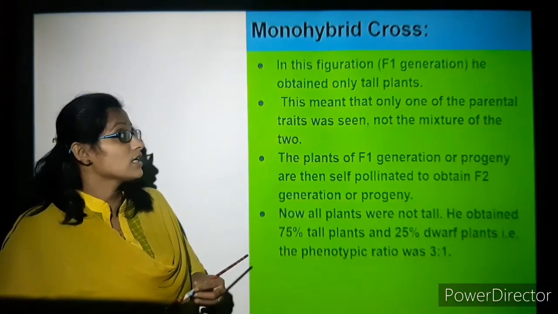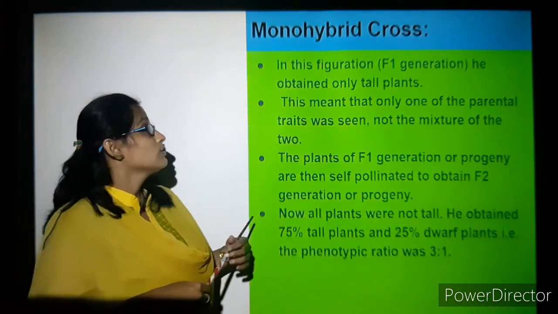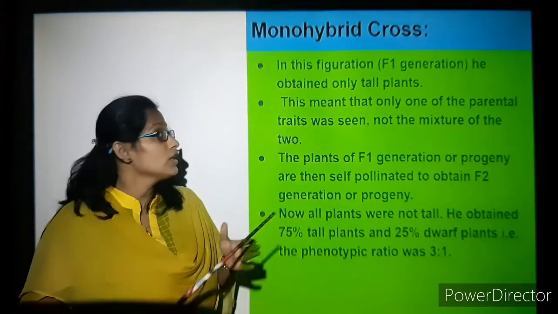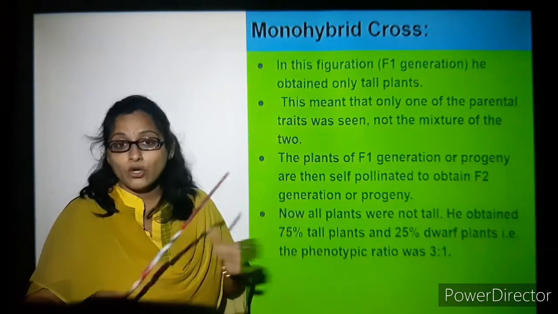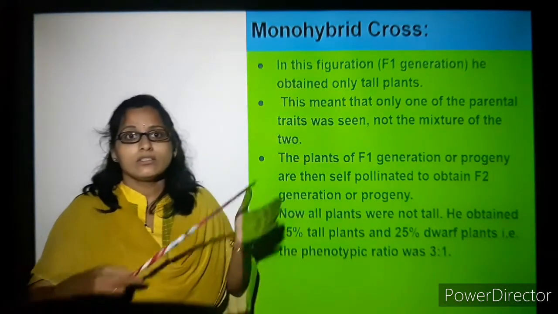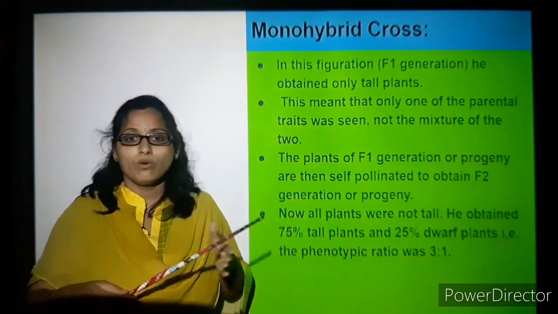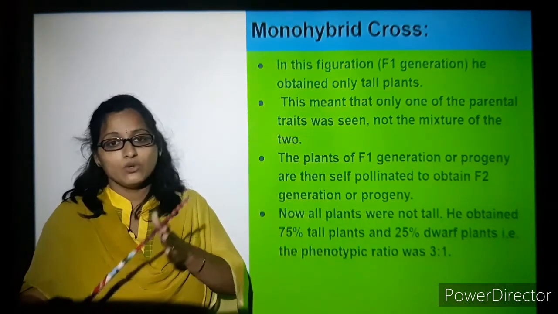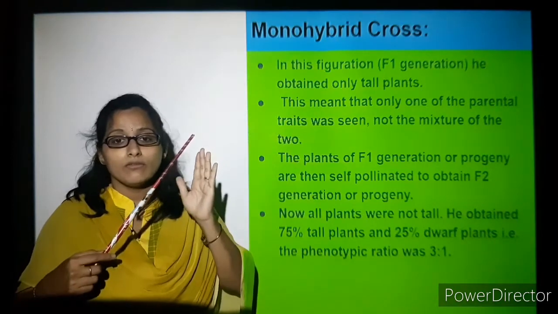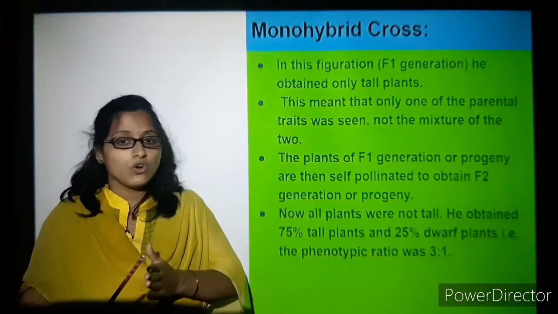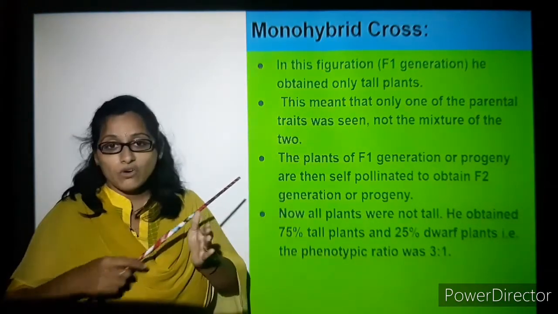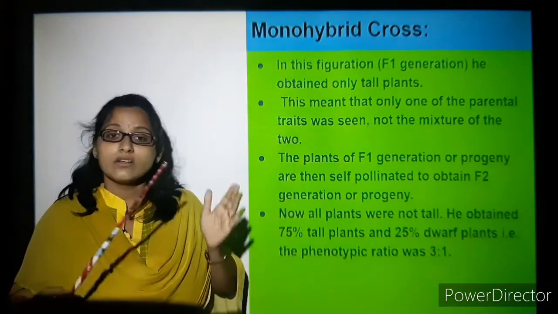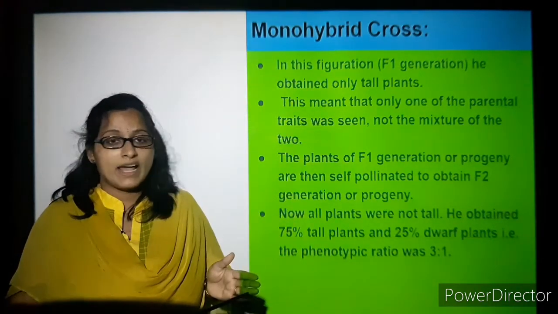So coming to the next with the continuation of it. In this first generation, he obtained only tall plants. How tall plants? In the figure you might have seen, you can go back to the figure and see that 1 big T and 1 small t you have got, means the big T is dominating the small t, and you can see that all the plants are tall even though they are hybrid plants.